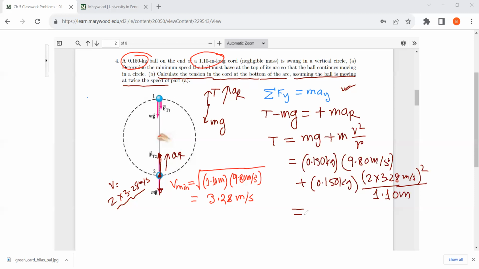If you plug these values into your calculator correctly, you should get 7.35 Newtons. So the tension when the ball is at position 2 is 7.35 Newtons. All right, let's move on.